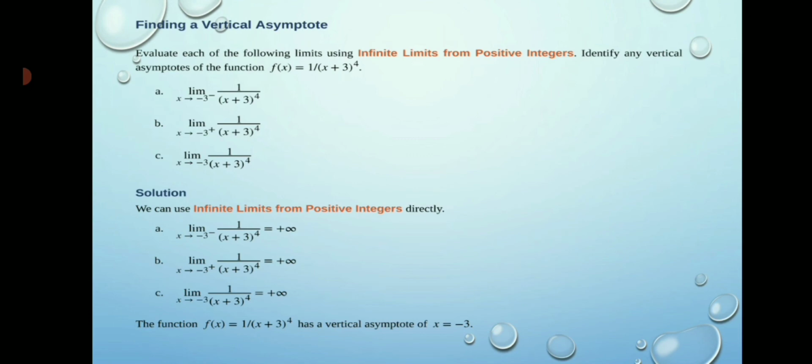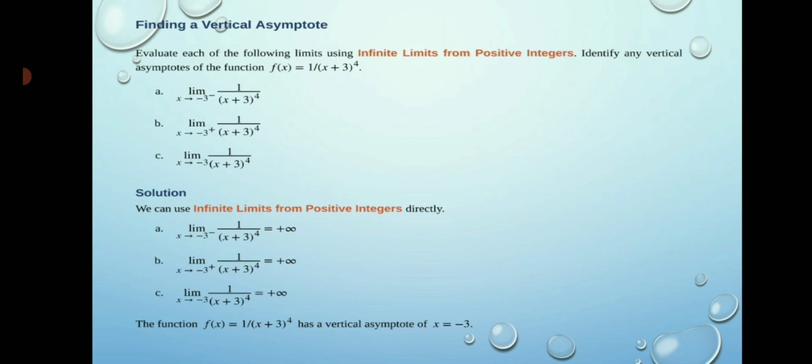So finding the vertical asymptote. Evaluate each of the following limits using infinite limits from positive integers. Identify any vertical asymptotes of the function f of x is equal to 1 over x plus 3 raised to 4.